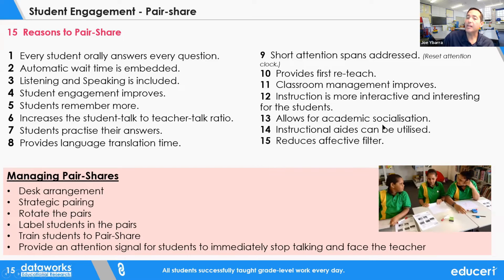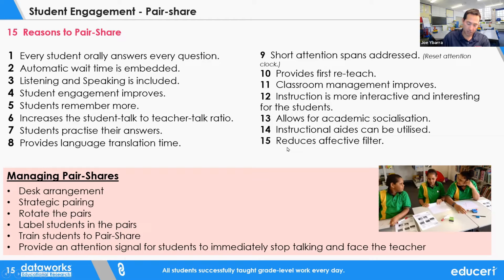Allows for academic socialization where they can practice the academic language. They are not accustomed to it on the playground. They're usually not going to have that academic socialization at home. So in the classroom, we want to ensure that they're having that chance. If you have the benefit, instructional aids can be utilized. If you have that luxury, use them as a pair share partner.